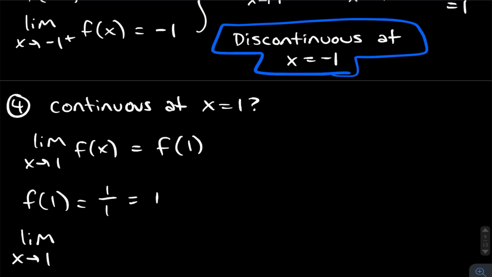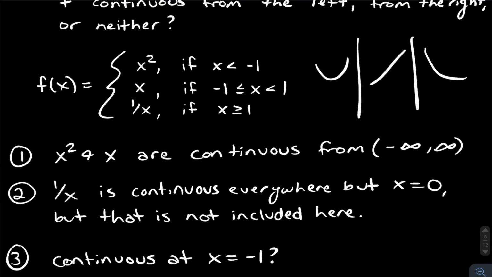We can see that the limit from the positive side of f of x is going to be 1 over x, right? That's going to be the function from the right-hand side, right? And we can see that with this little cruddy graph here, okay?